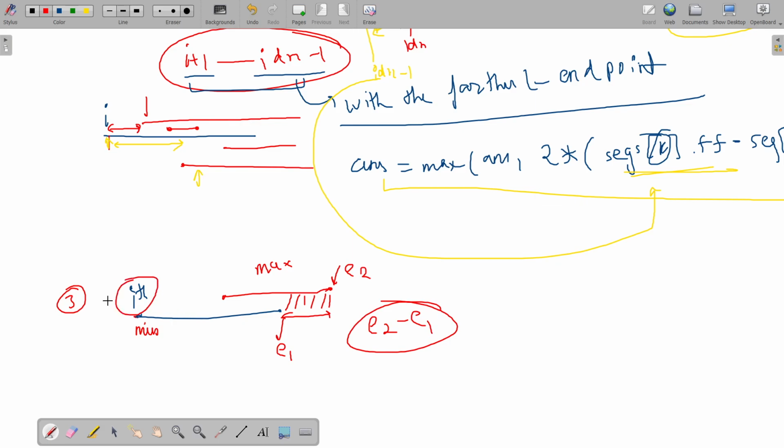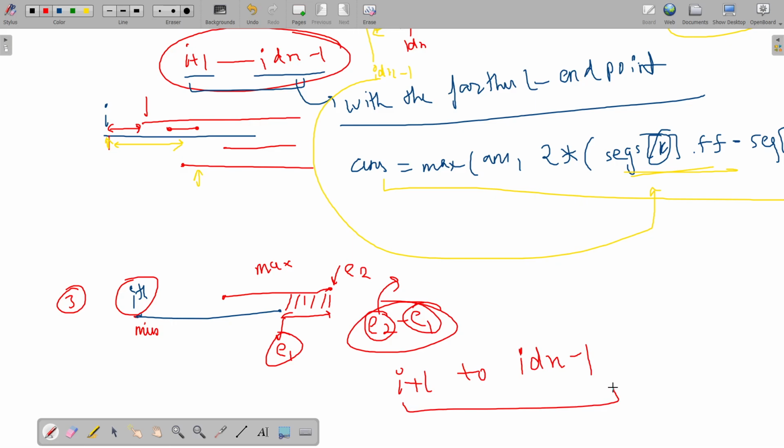Since i is fixed, E1 is going to be fixed. We want to maximize this segment, so we want to maximize E2. So from i plus 1 to idx minus 1, which are a set of overlapping ranges, partially or fully, find the range with the maximum endpoint.